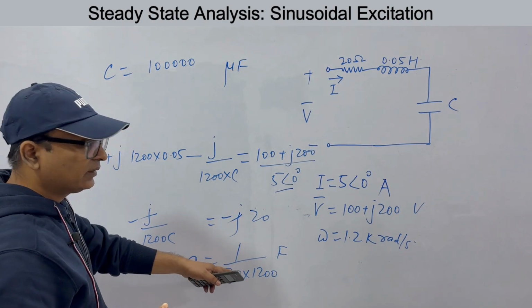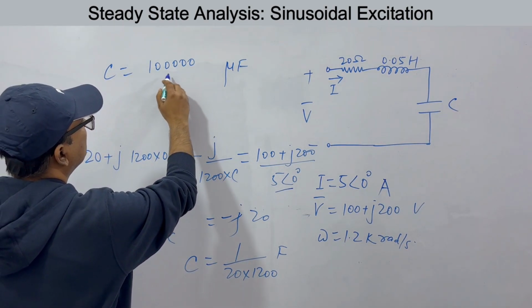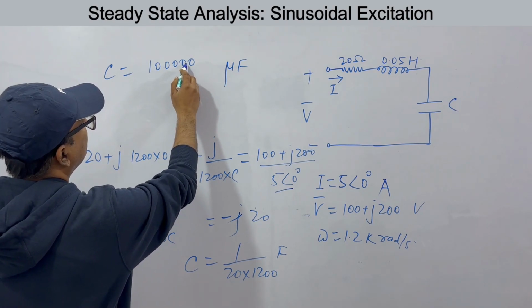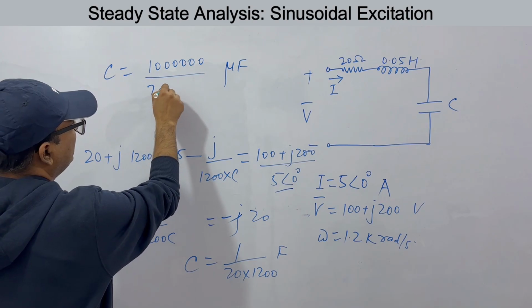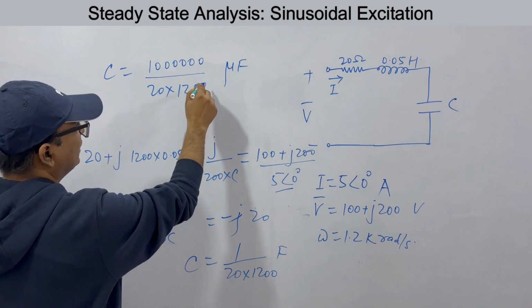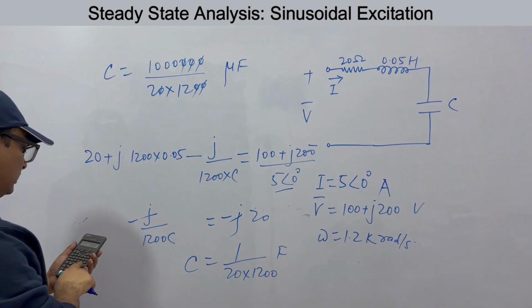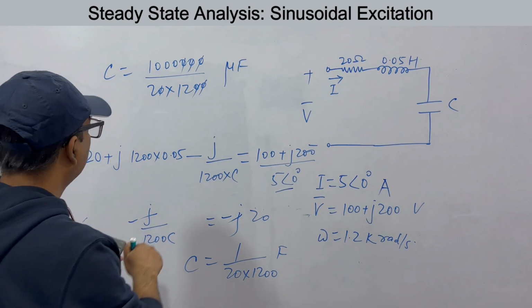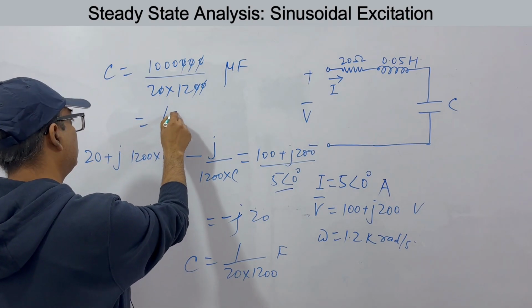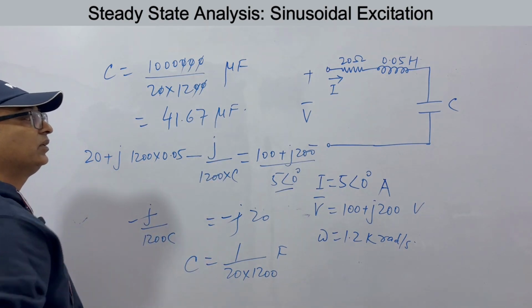I could have done it right here, but to explain it to you, I am doing it slowly. 1, 2, 3, 4, 5, 6. So this is now microfarad by 20 into 1200. So 3 zeros are gone. So this is 1000 by 24. What we get is 41.67 microfarads. So we have found the value of C.